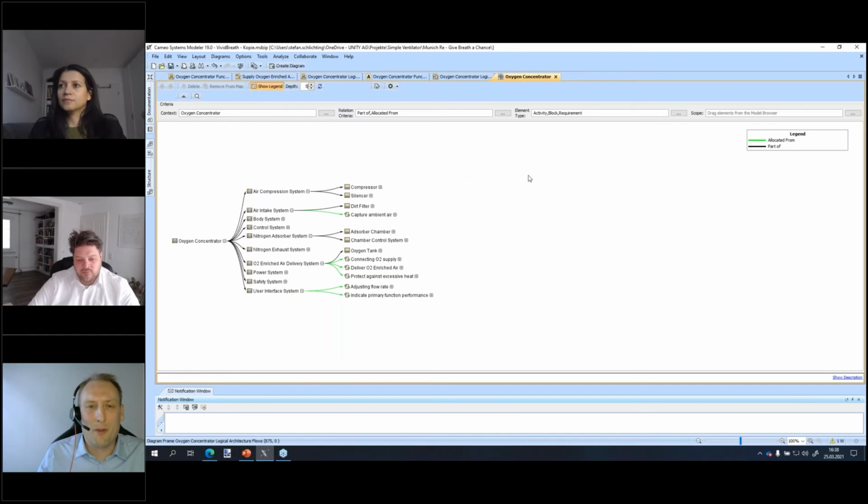I think one of the views that I really love and use very often is that, for example, if we now look at the oxygen concentrator and its parts here, we might really want to look at, okay, what kind of subcomponents are there, and I can now drill down basically through the model and see, okay, for the component dirt filter, there are certain functions applied. In this case, maybe filter the gas and protects against emitted physical effects.